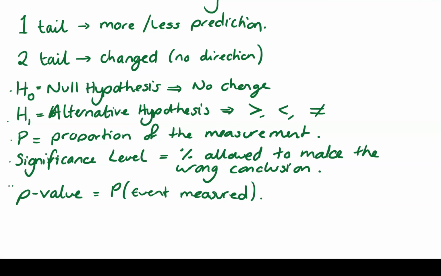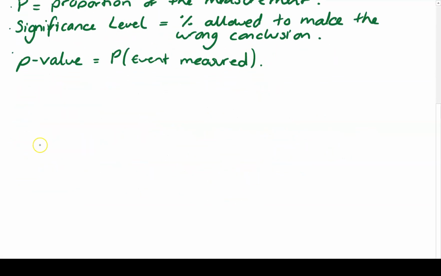The one thing I will say is, for your one-tail test, you've got a binomial distribution which looks like this. Your significance level would be this bit here.